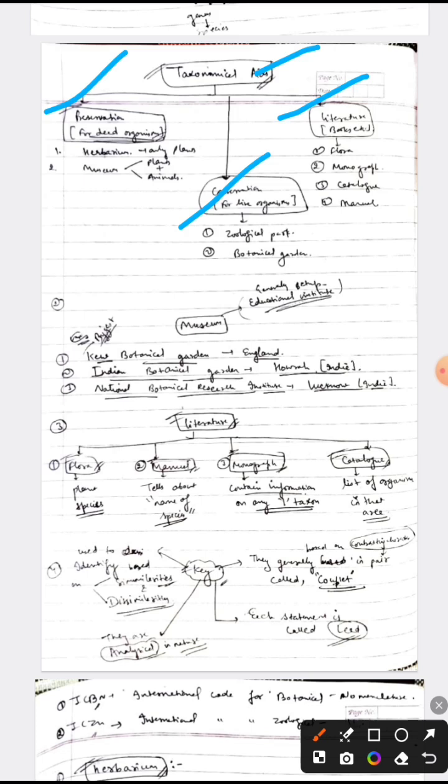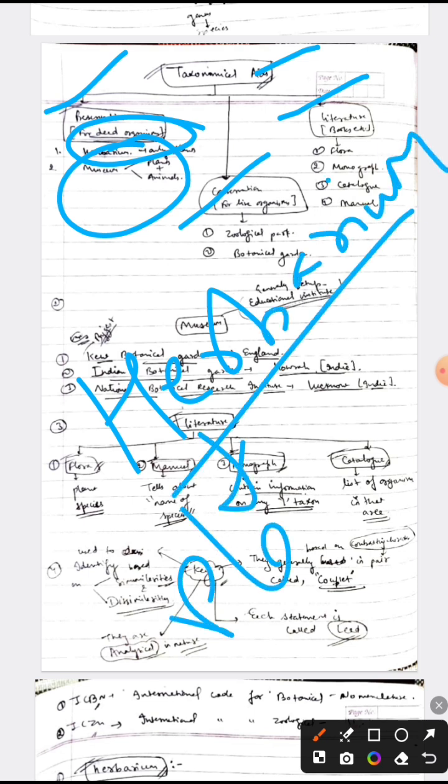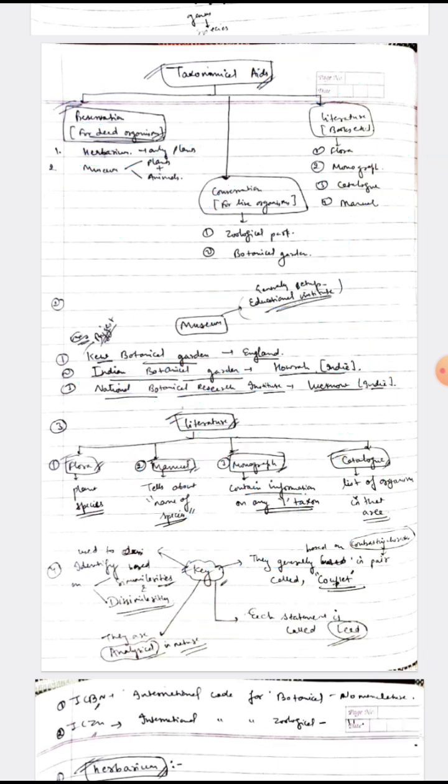How can you preserve dead organisms? You can use a herbarium or a museum. Museum is used for both plants and animals, but always remember the herbarium is generally used for plants only. Here we study only plants, we do not study animals at all.